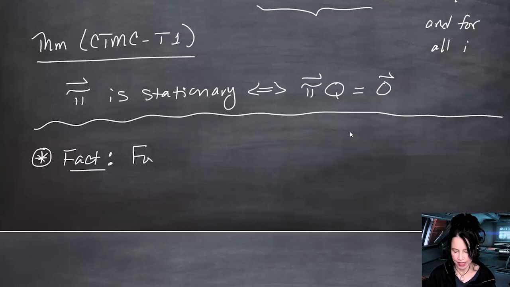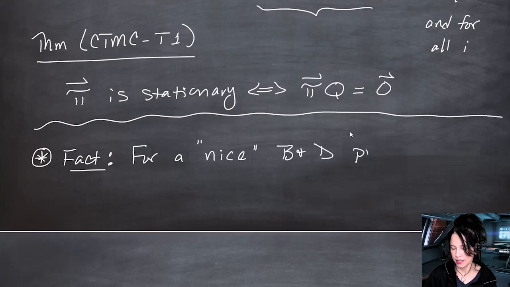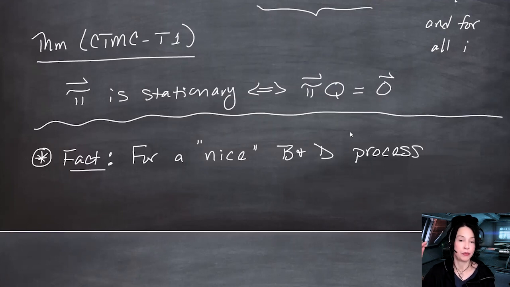For a nice birth and death process, and what I mean by nice is something pretty technical, but essentially the rates are such that the population is not going to blow up. You've got some births and deaths, and if the birth rate is too fast compared to the death rate, then this population size is just going to go off to infinity.